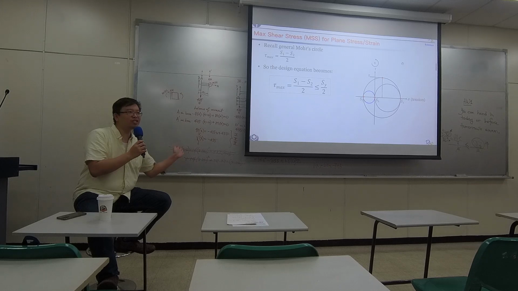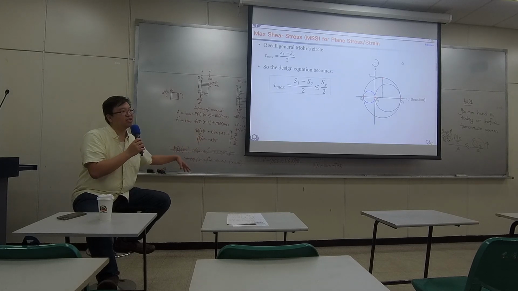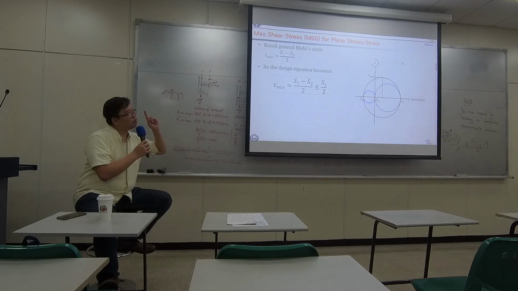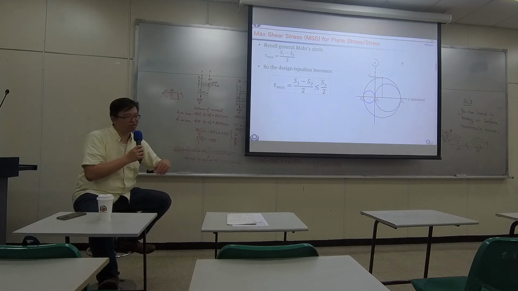But you probably didn't worry about the other 2 planes. And on the other 2 planes, you could be having greater stress. So in the maximum shear stress model, there's a concern about stresses in different working planes.